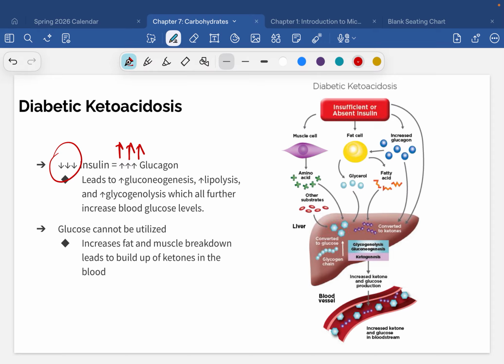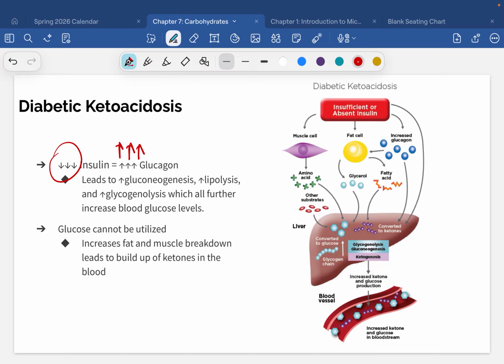The signal to shut off the production of glucagon is insulin. If you don't have any, the glucagon is just going to keep getting released. And you have high blood sugar. That is another signal for glucagon to be released, or insulin to be released, but it's not. So your body will continuously produce glucagon.